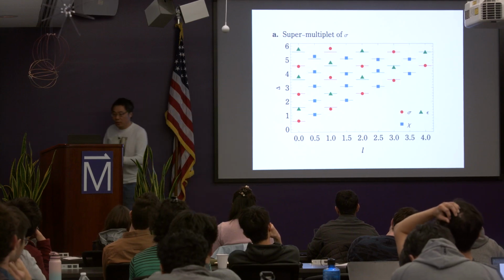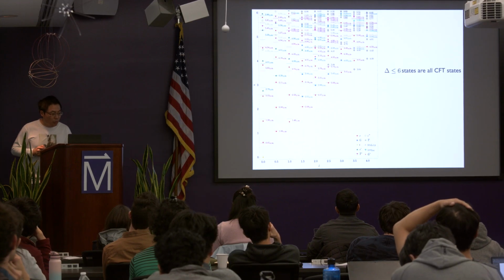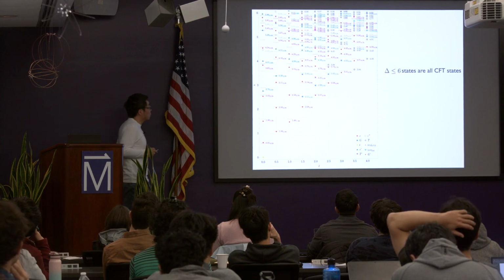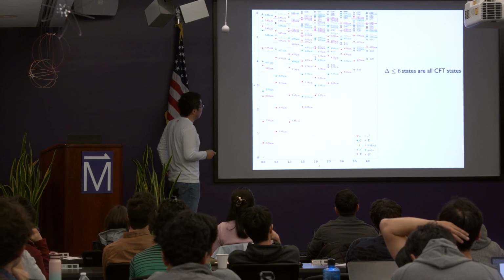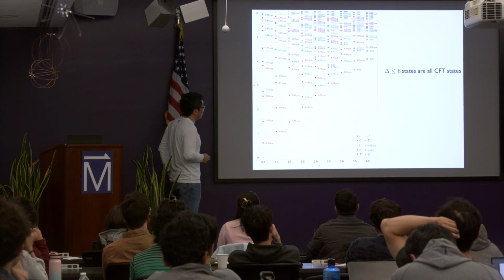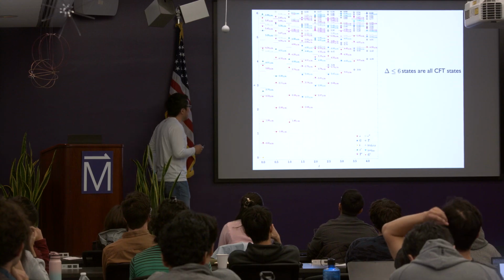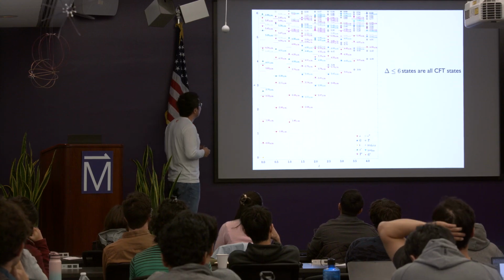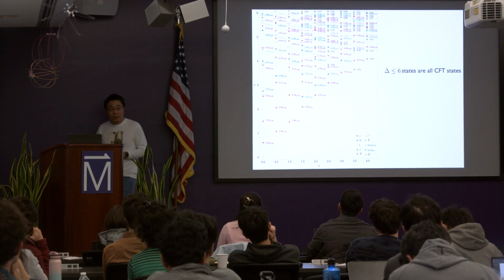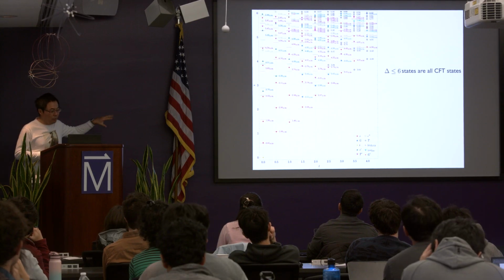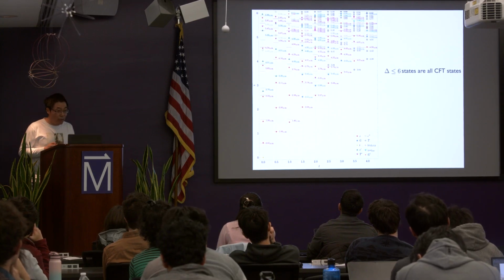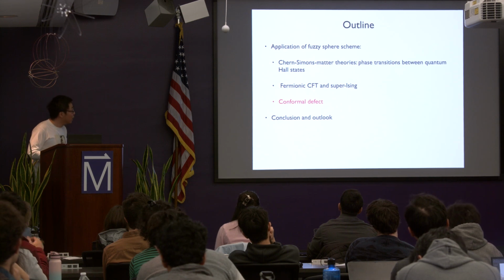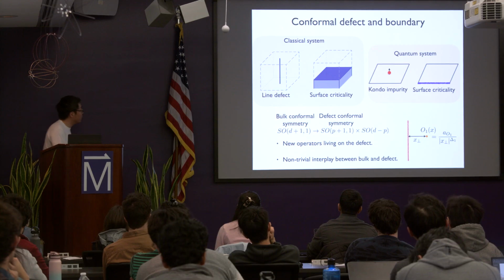I won't go into the details, but just showing that it works. There is indeed emergent SUSY, and this is the result for many states with scaling dimension smaller than 6. Again, we find all the states in this spectrum, at least for this part, are CFT states.